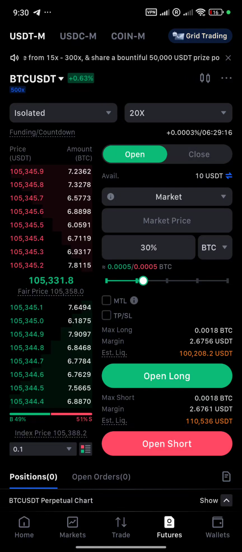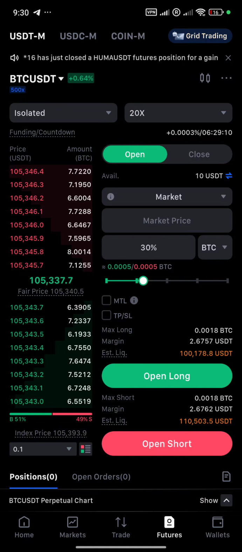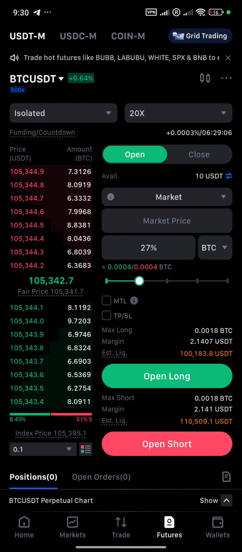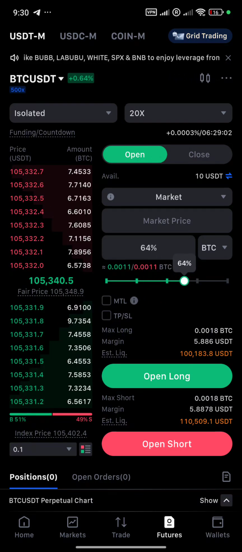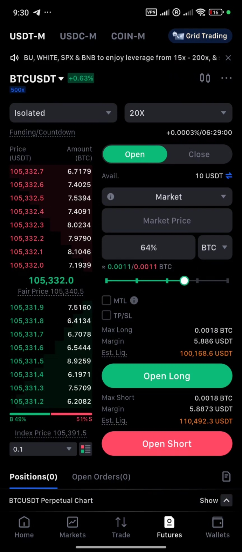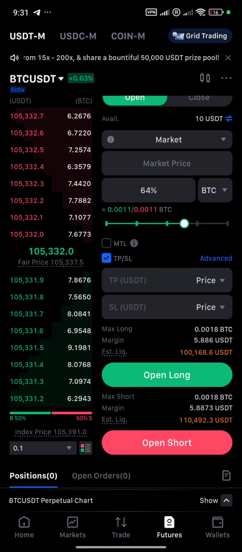Let's assume I want to buy Bitcoin at the current market price. Let's assume I want to long Bitcoin at the current market price. So I'm using market price, and below you can see TP or SL. If I click on it, you can see the take profit and stop loss price pop out.